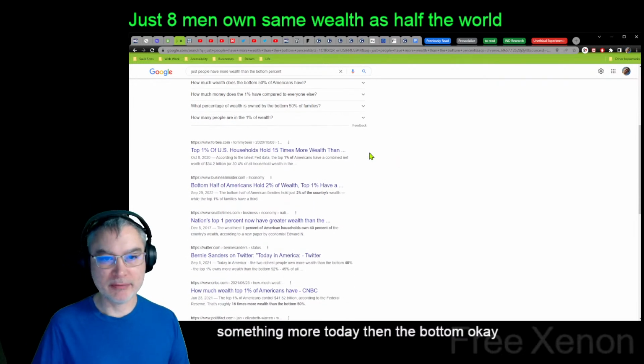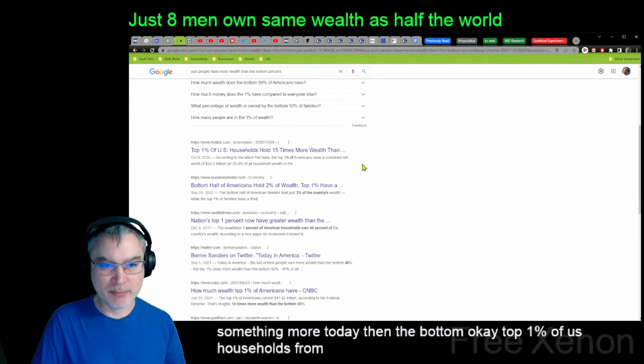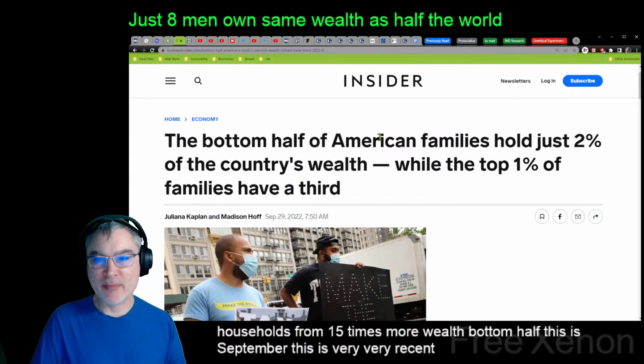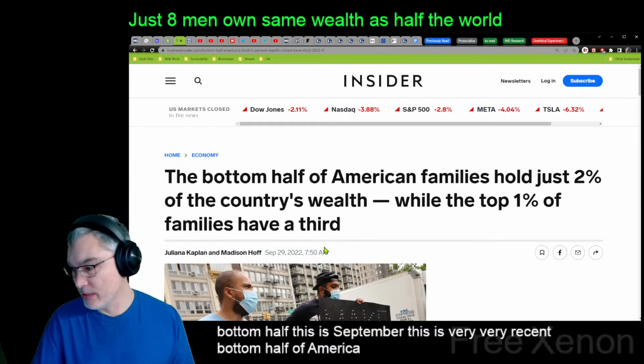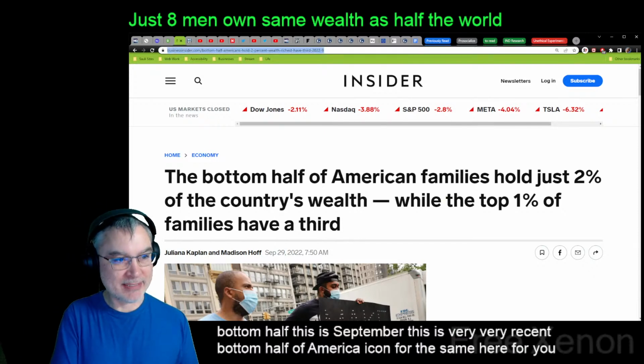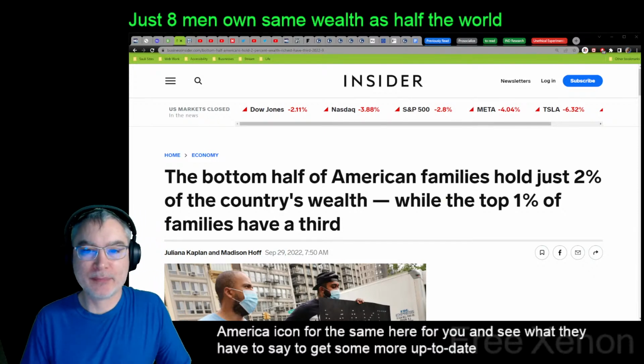Okay, top 1% of U.S. households hold 15 times more wealth than the bottom half. Here we go. This is September. This is very, very recent. This is from the 29th, so this is just from about a week ago. I'll go and throw this in here for you, to see what they have to say to get some more up-to-date information.